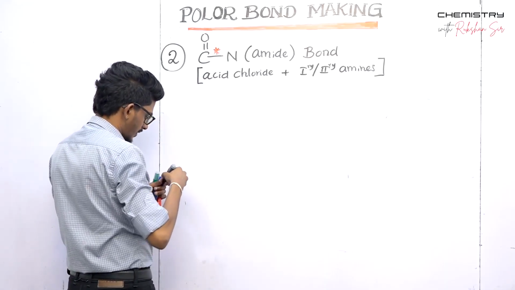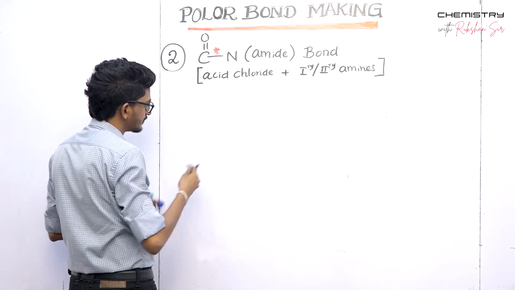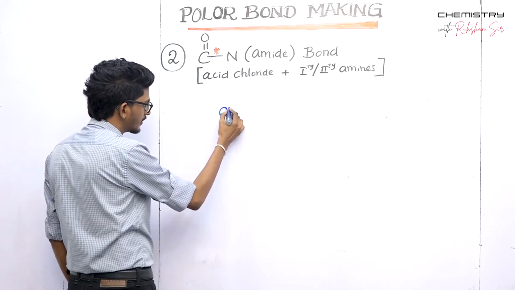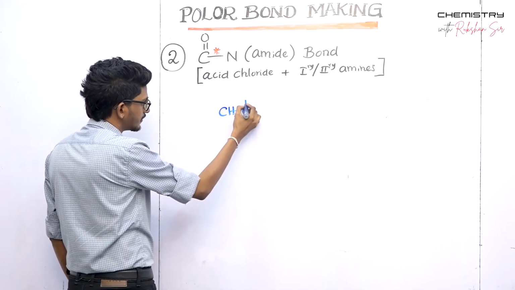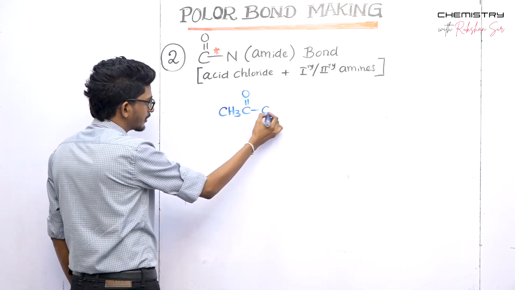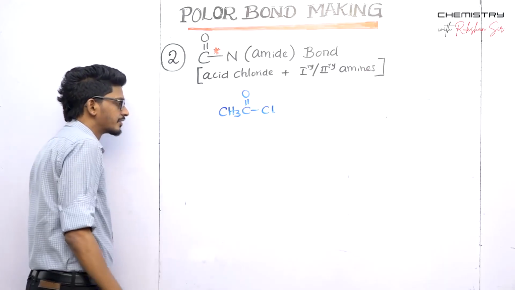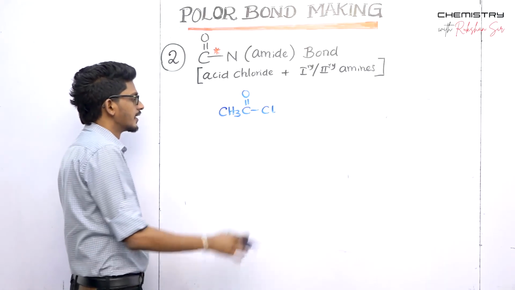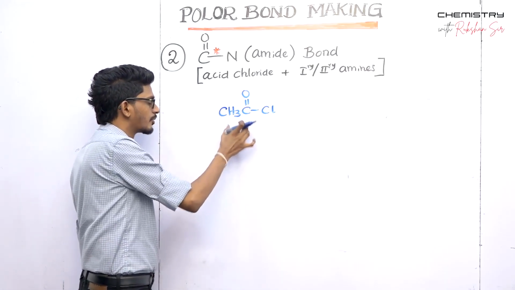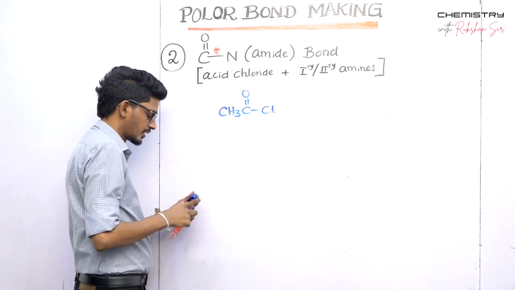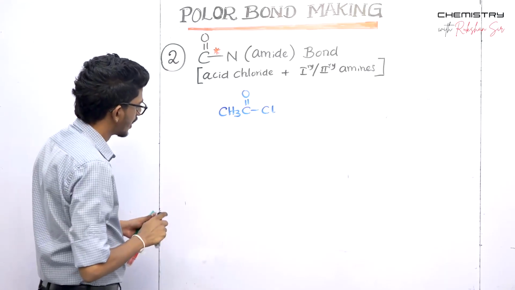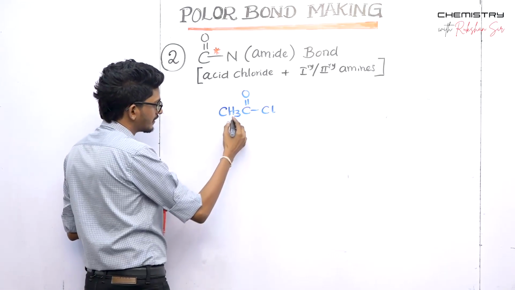So if this kind of thing happens, let's come up with this acid chloride. Acid chlorides are the ones produced when you add some PCl3 or PCl5 to the carboxylic acid, right?